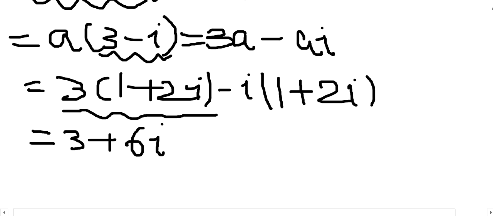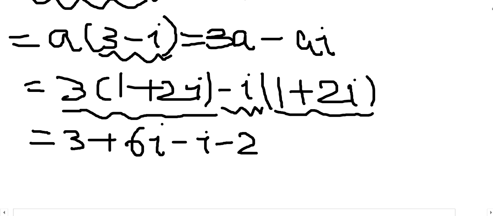The multiplication of a complex number by an imaginary number is analogous to a real number times a complex number, but this time we need to add i into each term. Now be careful when you multiply minus i times 2i: minus 2i squared. It's very easy to make a mistake at this stage. Now, i squared from definition is minus 1. So minus 2 times minus 1 is plus 2.